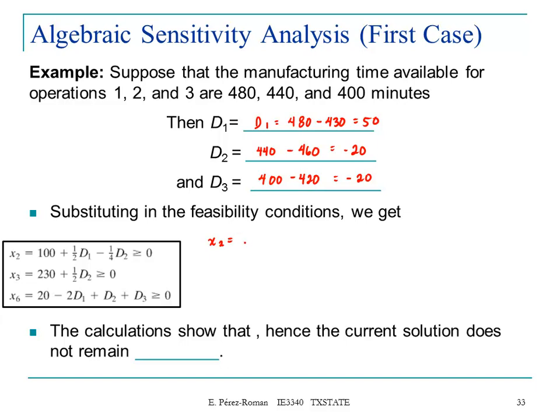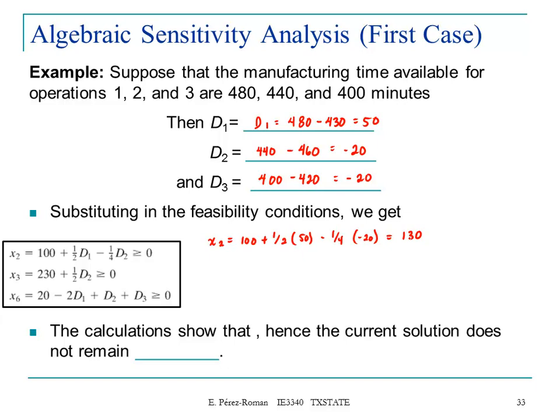x2 is going to be equal to 100 plus 1/2 times 50 minus 1/4 times minus 20, and that's going to be equal to 130.